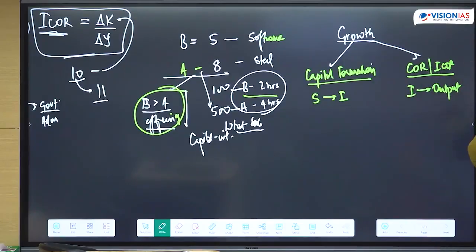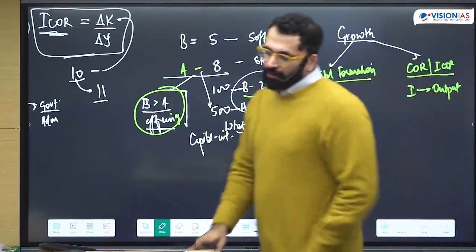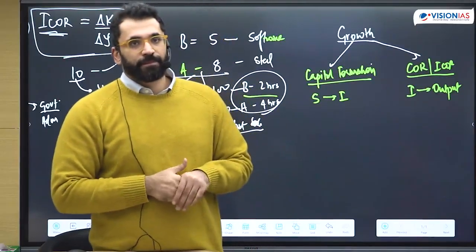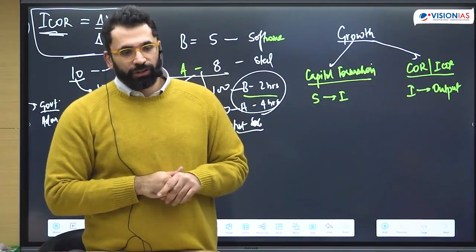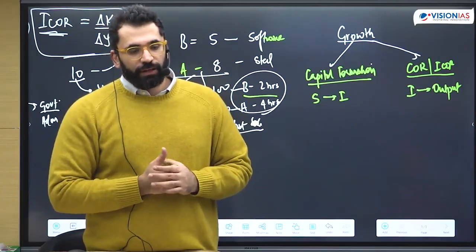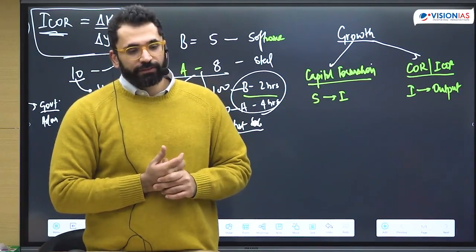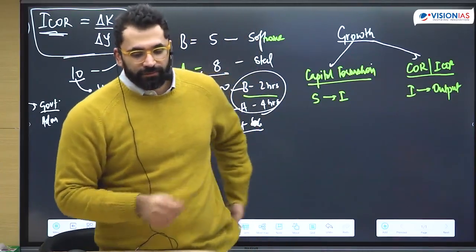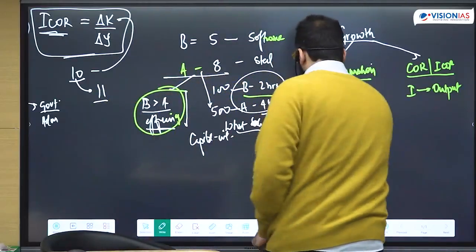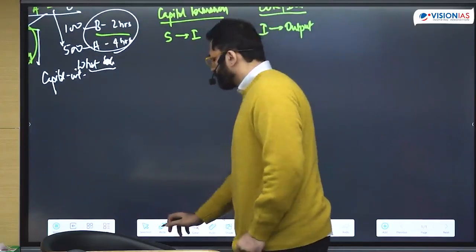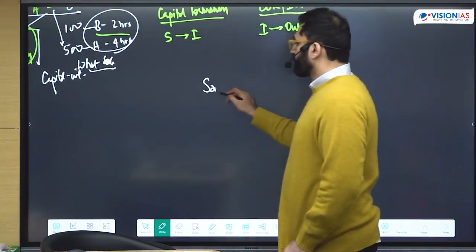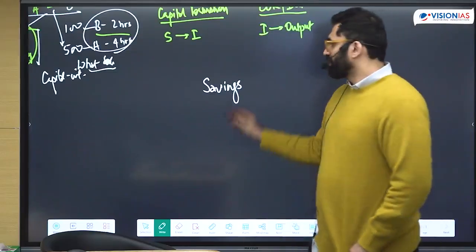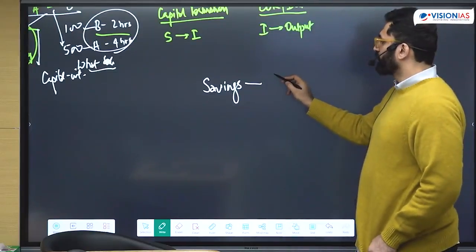So you can write down, for any particular economy, growth is dependent on its rate of capital formation and COR/ICOR.